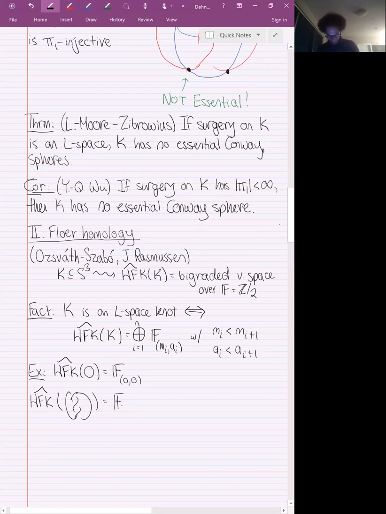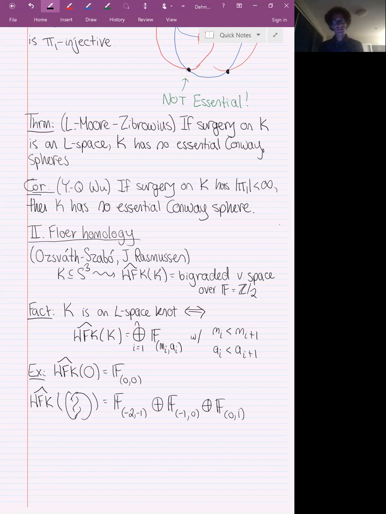So I'll give you the bigraded structure. It's three-dimensional. And this again satisfies the conditions for being an L space knot, and it indeed is an L space knot. We saw earlier that the trefoil has a surgery to L(5,4), which is an L space. So that all checks out.